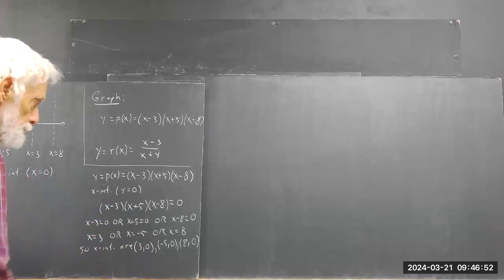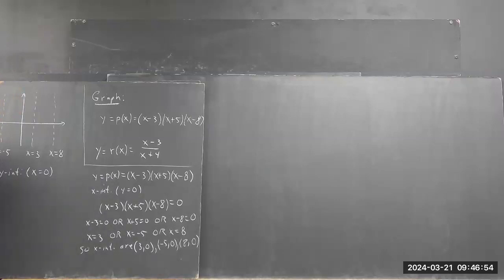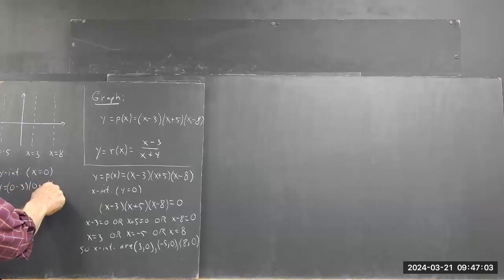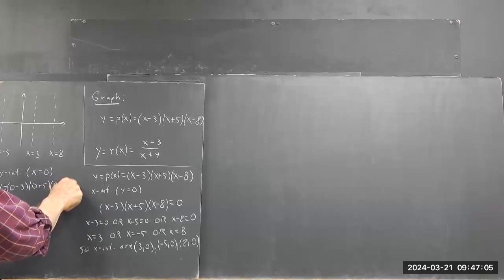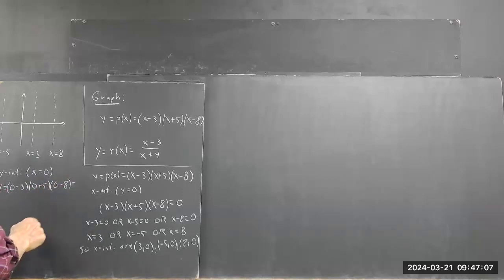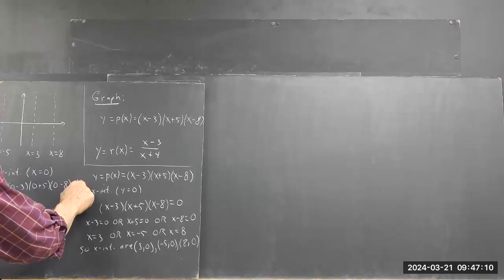And we remind ourselves that x equals 0. So we get y equals 0 minus 3 times 0 plus 5 times 0 minus 8. And that multiplies out to 120.